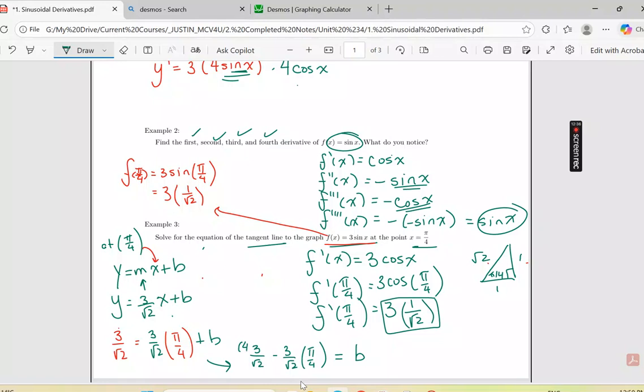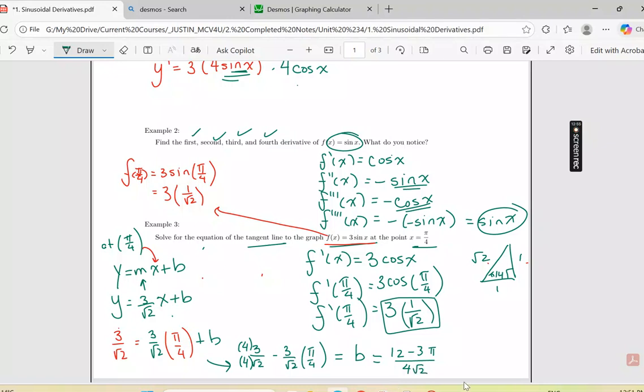Sorry, I ran out of space here. I'll get b is then equal to 4 times 3 is 12 minus 3 pi over 4 root 2.